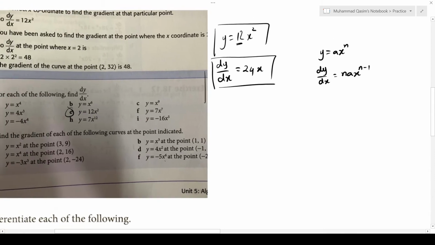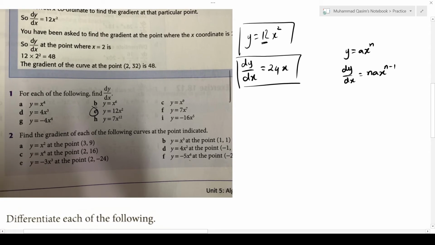Now let's try another question. Let's do part G. Now it says y equals negative 4x to the power 4. Now when I'm going to take a derivative of this one, dy by dx, again by applying the general rule here.